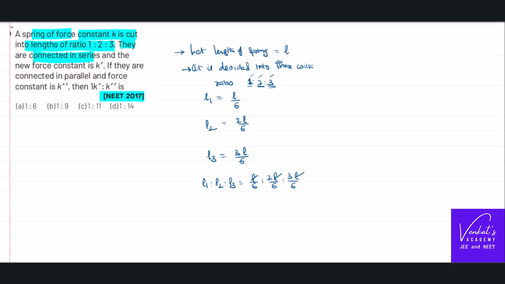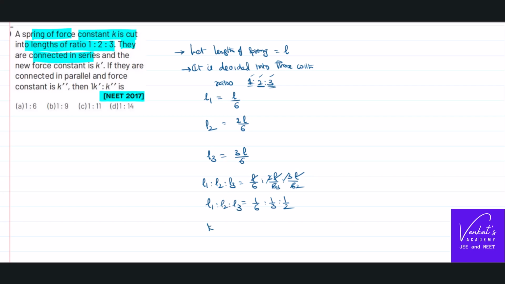So all L's can be cancelled. Then this will be in the ratio of 1 by 6 is to 1 by 3 is to 1 by 2, because 2 3s are 6 and 3 2s are 6. That is L1 is to L2 is to L3.